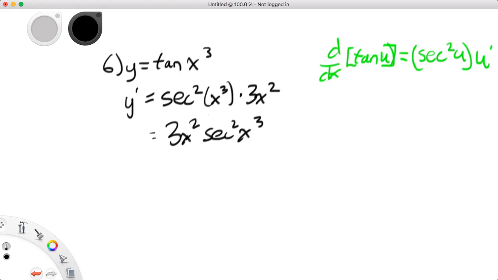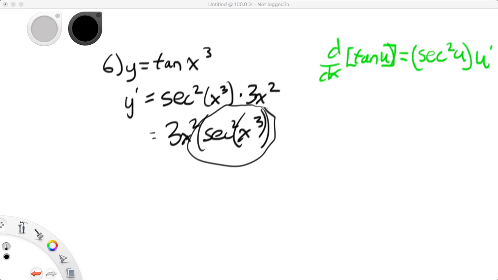This is still pretty straightforward. So that means that our derivative, our y prime, is going to equal secant squared of x cubed, times the derivative of x cubed, which is 3x squared. Which we can also call 3x squared secant squared x cubed.